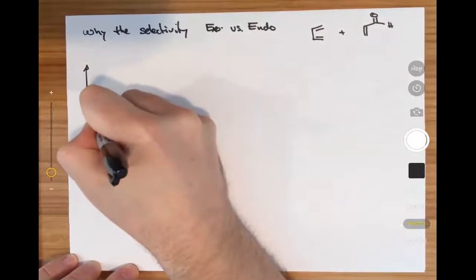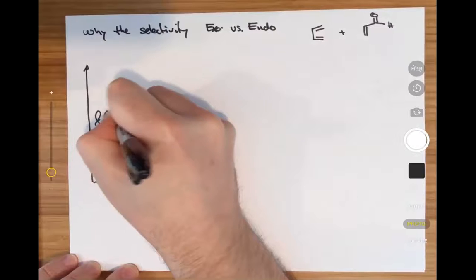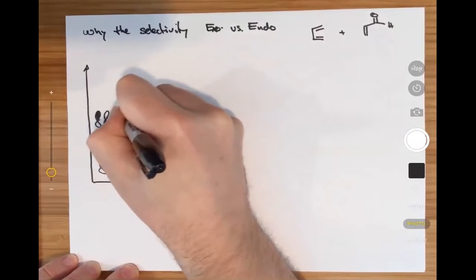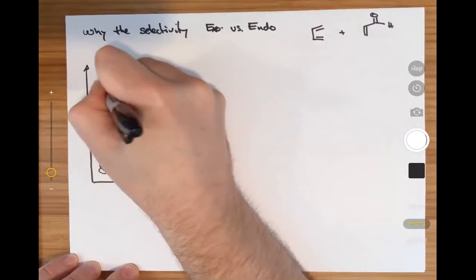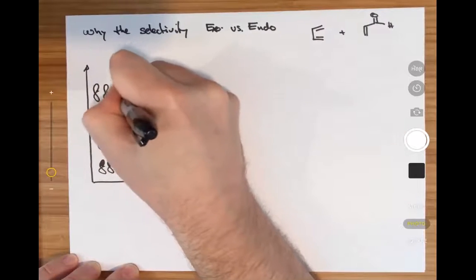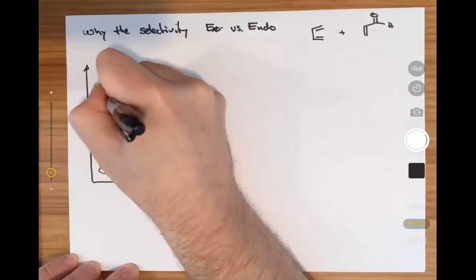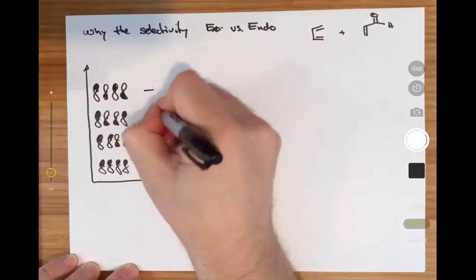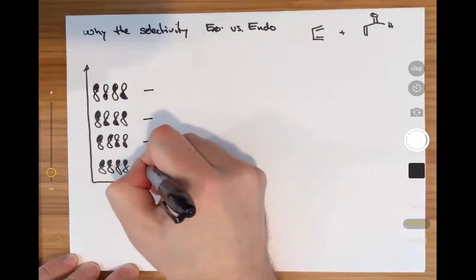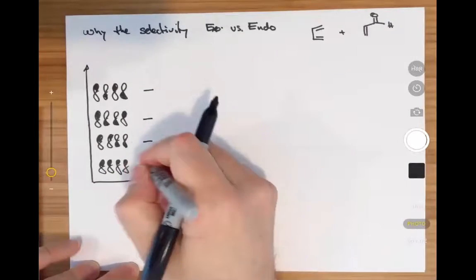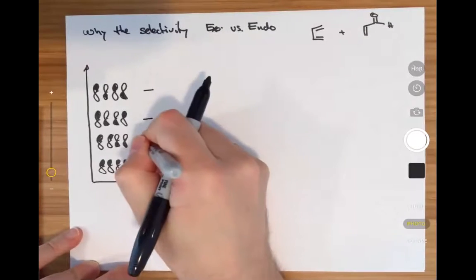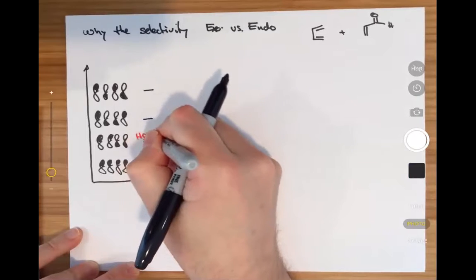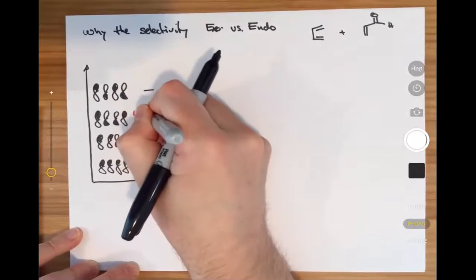You have phi 3, which has two nodes. And then you have phi 4, which has three nodes. And we know that these orbitals are half filled, so the bottom ones have 4 electrons in there. So this is our HOMO, and this here is our LUMO.